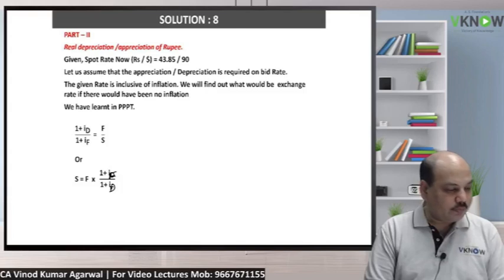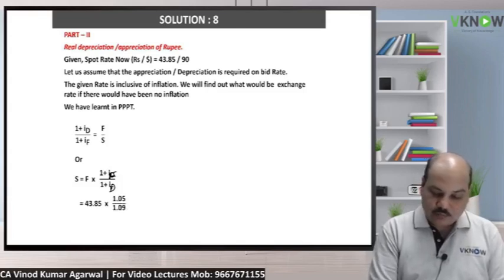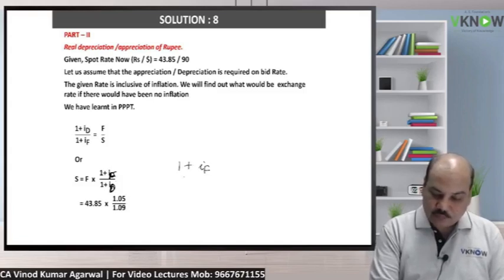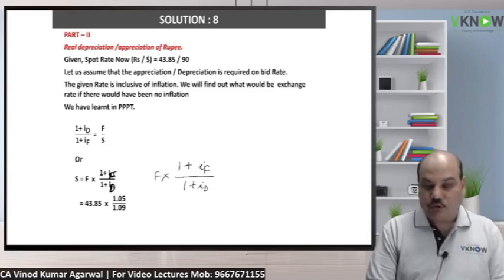It will reverse. There is a small typing error, so I will write again: 1 plus IF upon 1 plus ID. This is what we have to write. So now solve it.